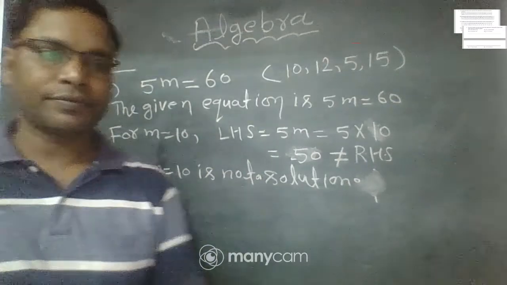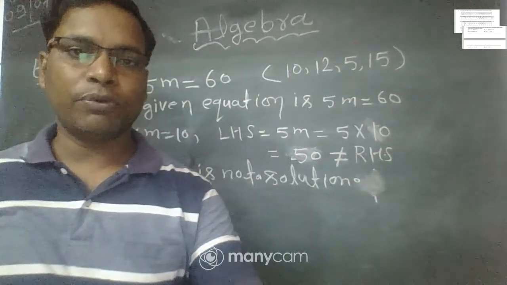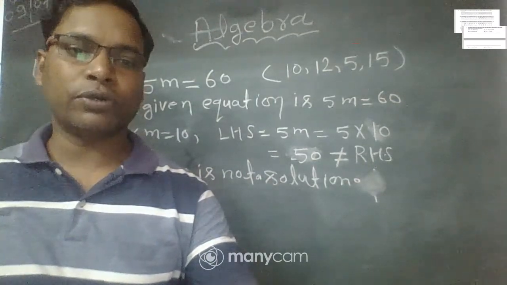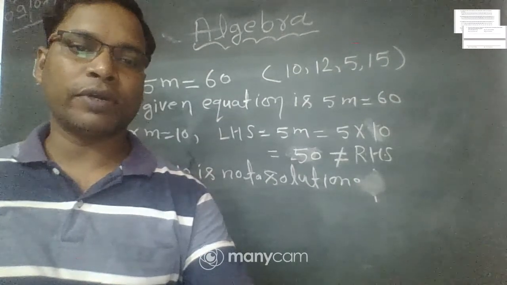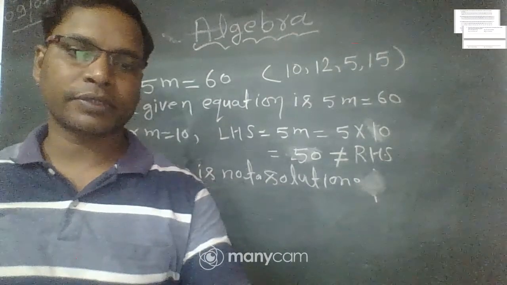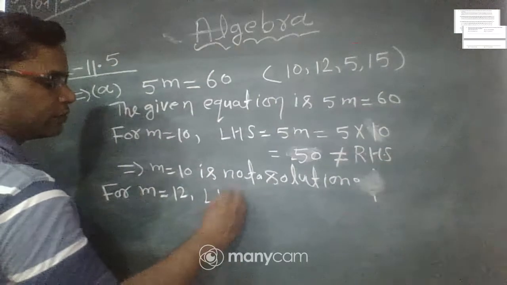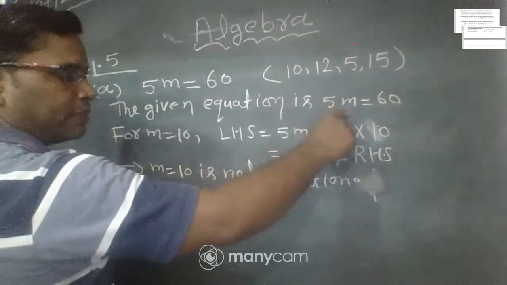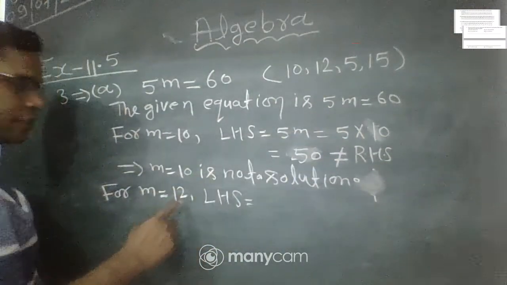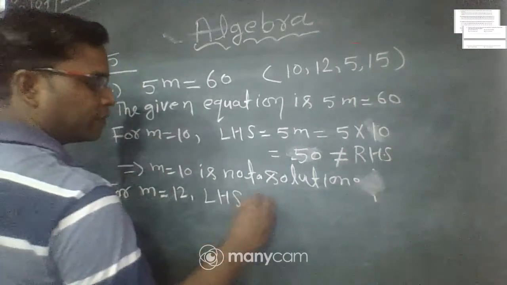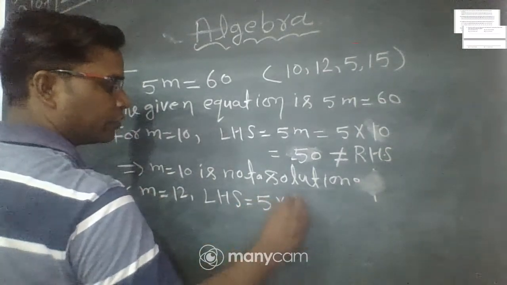Clear? Now we take m is equal to 12. For m is equal to 12, the left hand side is 5m. The value of m we take is 12, so it becomes 5 into 12.